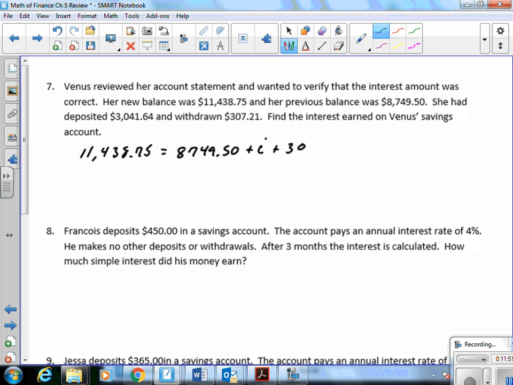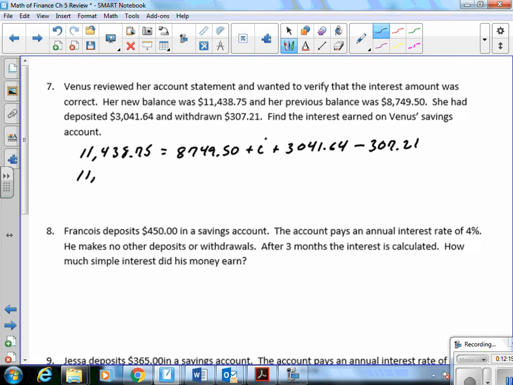So 3,041.64, and then withdrawing 307.21. So 8,749.50 plus 3,041.64 and subtracting 307.21.